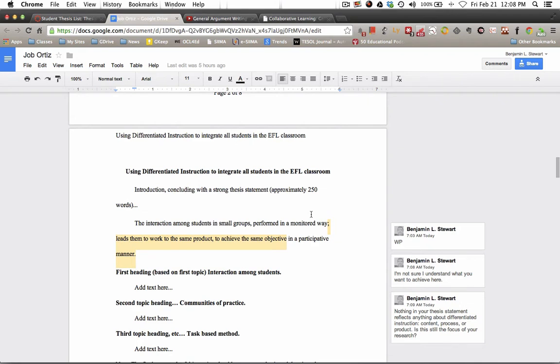Do you have a thesis statement, or can you explain what you want to do? Yes, this is the main idea to develop in the thesis statement. The interaction among students in small groups performed in a monitored way leads them to work on the same product to achieve the same objective in a participative manner.